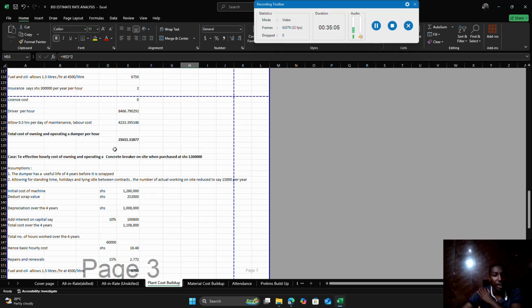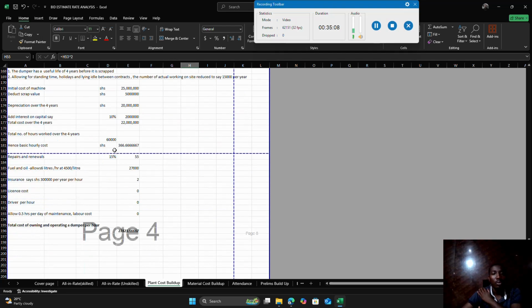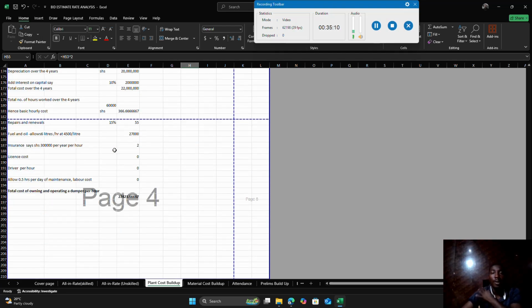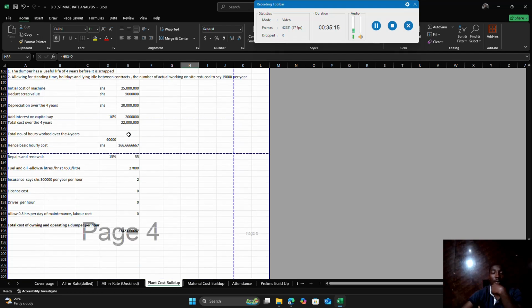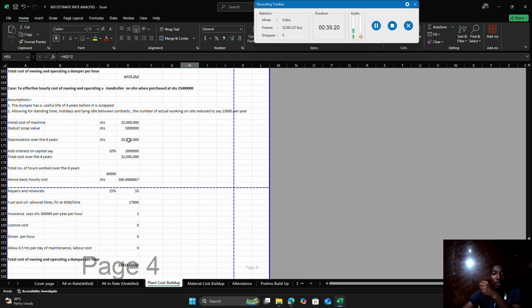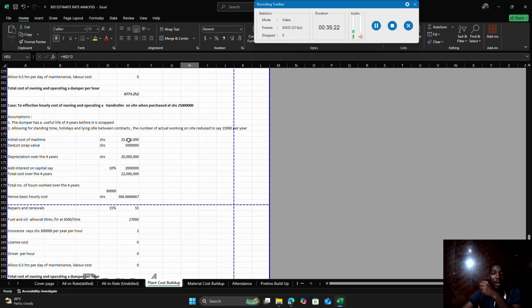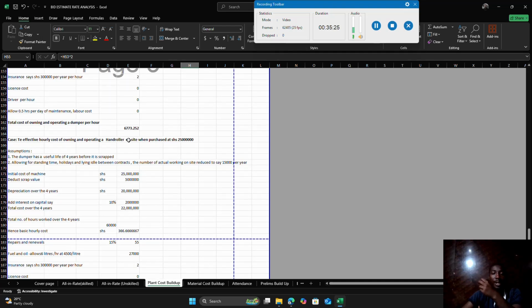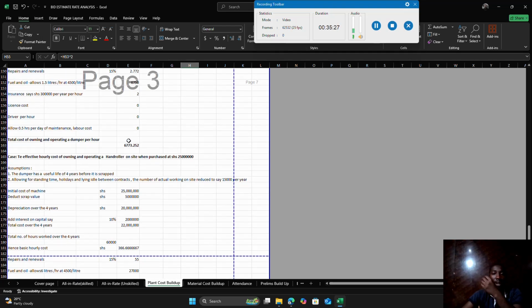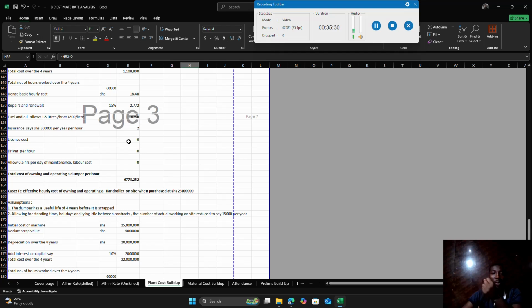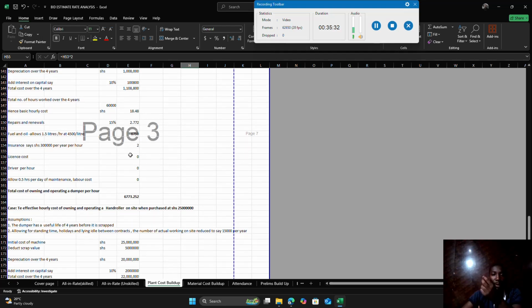Now, the sum you get here is usually carried to the preliminaries. The cost of plant can be embedded in each unit of work package, but for bigger plant like tower cranes, lifting equipment, and generators, we can estimate them here, and they form part of the provisional sum that will be required for plant and machinery.